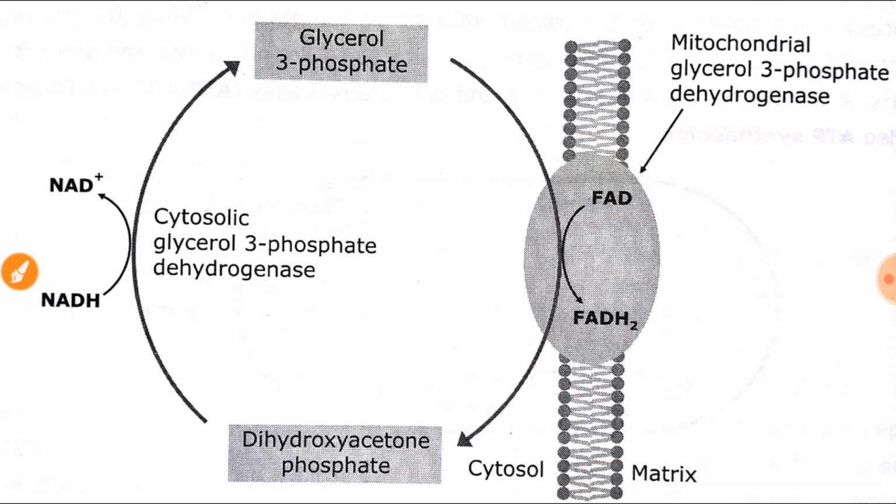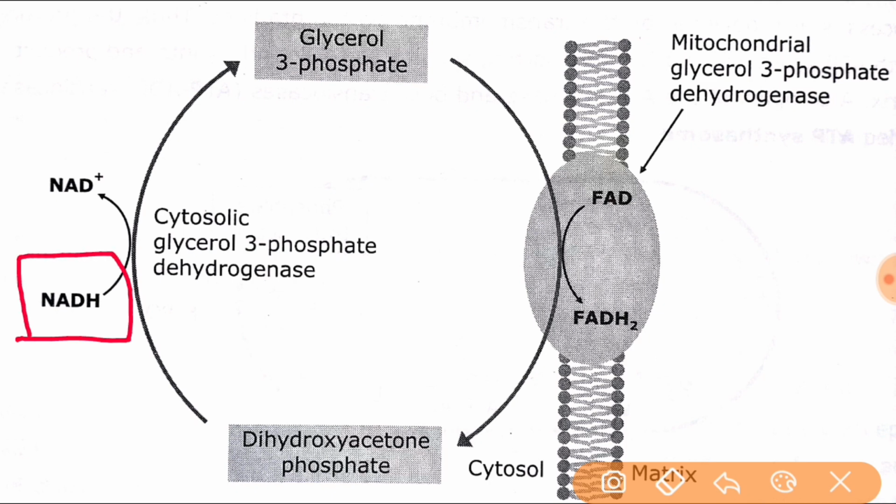So you have to clearly focus on the fact that in the case of the malate aspartate shuttle we have the formation of NADH in the mitochondria. However, in the case of the glycerol 3-phosphate shuttle the NADH is here in the cytosol. However, we have the formation of FADH2 in the mitochondria.